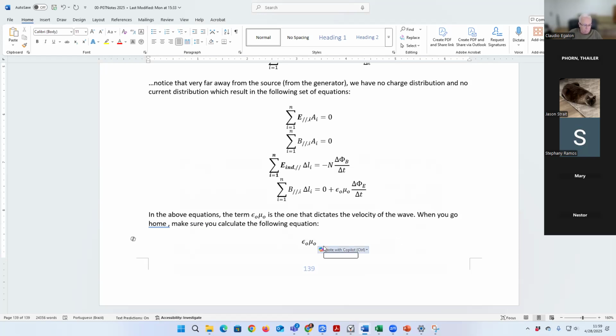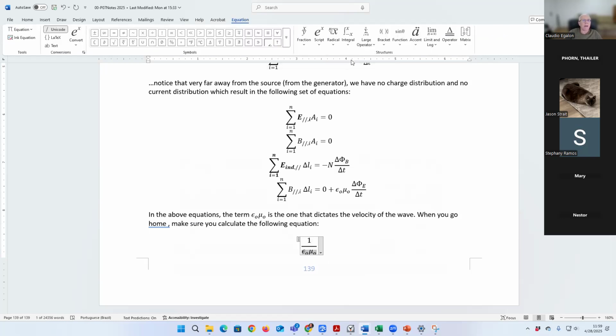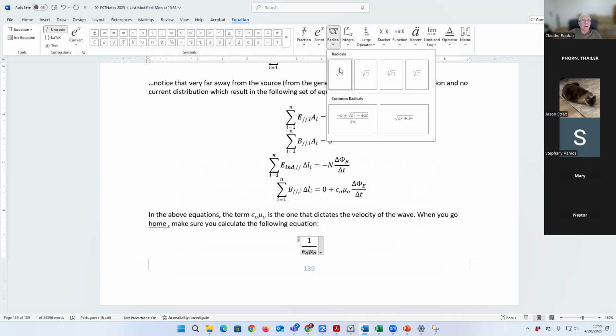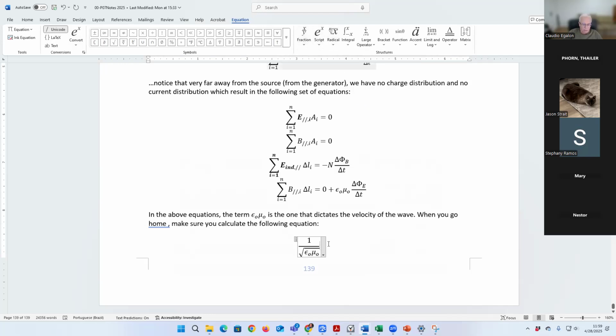What you have to calculate is not epsilon naught mu naught. I want you to calculate 1 divided by epsilon naught mu naught, and then take the square root of this term. When you do this calculation, you are going to get exactly the velocity of light in vacuum, that is 300,000 kilometers per second.